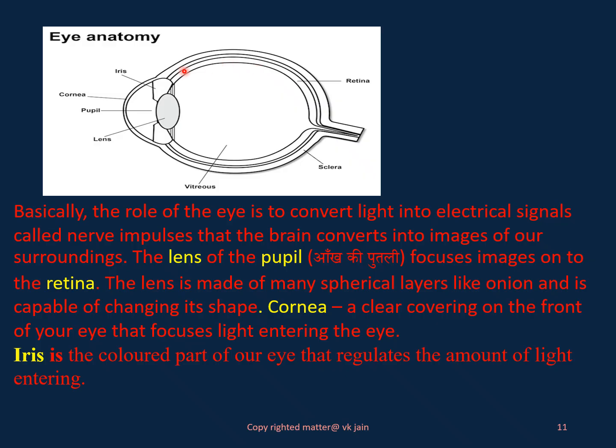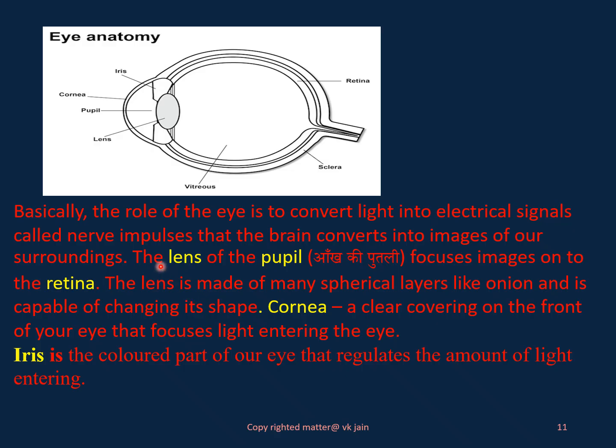At the back, you can see the cornea, that is conveying light information to the human mind. This is the vitreous. Basically, the role of the eye is to convert light into electrical signals called nerve impulses that the brain converts into images of our surroundings.